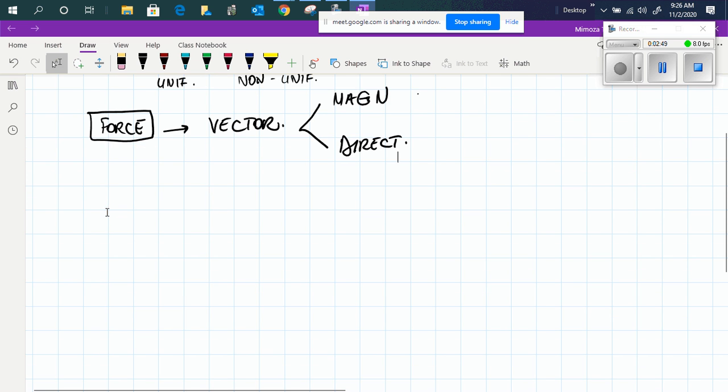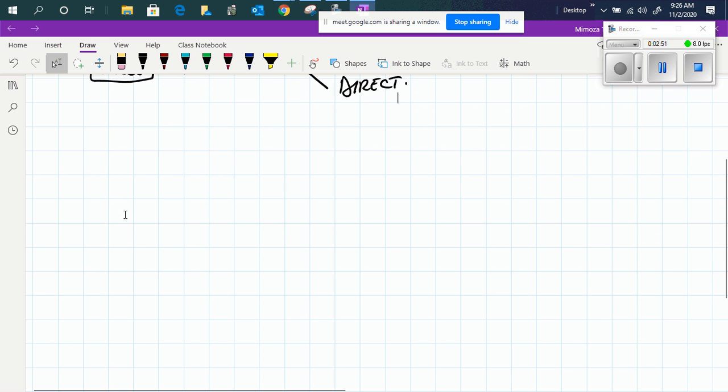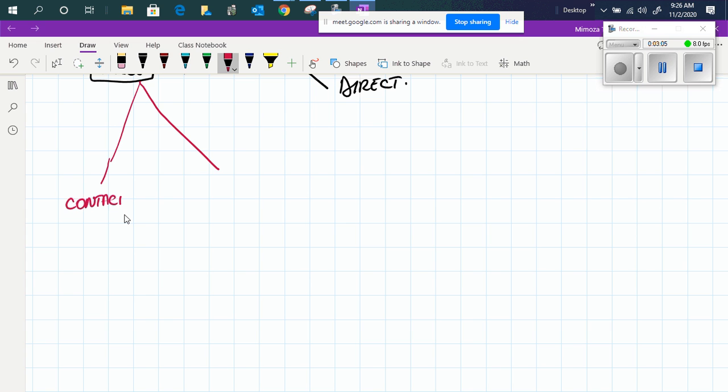Now, when we analyze forces, we notice that forces are of two types. The first one is forces that are experienced when you are in contact with the object, and the second is forces that are at a distance.